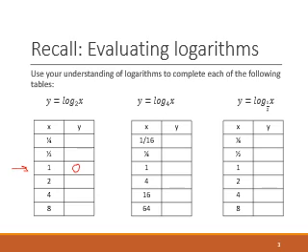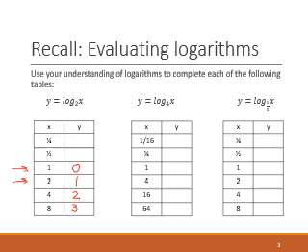And then if we go down in the table, now we're asking you log base 2 of 2. So in other words, we're saying 2 to what power equals 2? Well, 2 to the first power equals 2. And hopefully you're getting the idea here. So 2 squared is equal to 4, and 2 cubed is equal to 8.